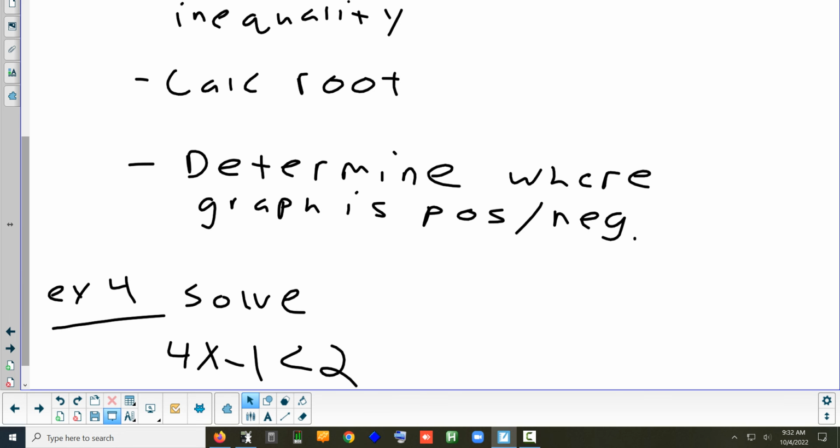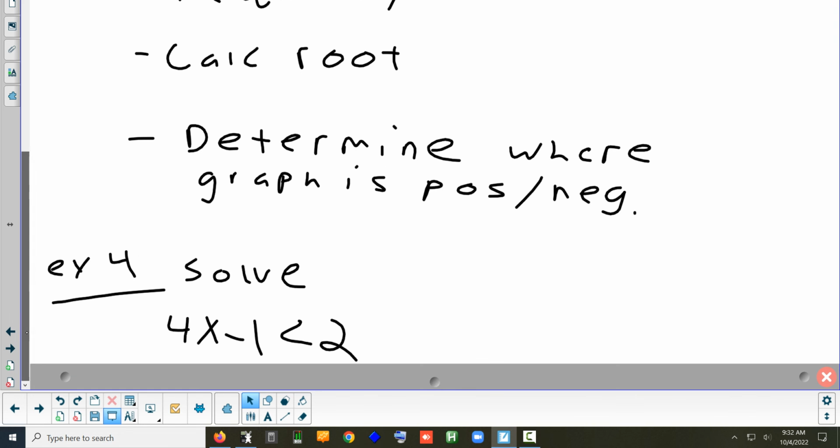So let's try 4x minus 1 is less than 2. What would be the easiest way to get 0 on one side of that in one step? Yeah, Caleb? Subtract 2. Just subtract 2. So we're going to get 4x minus 3 is less than 0.